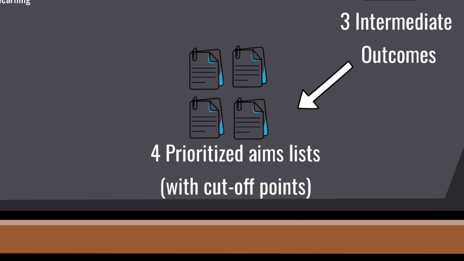So which aims do need to be achieved first in order for me to achieve those categories of occupation in my intermediate outcomes?